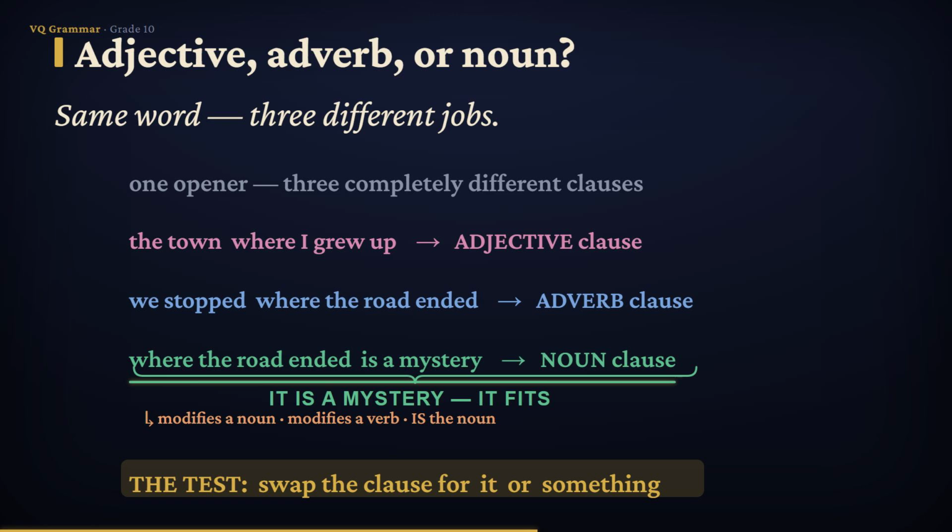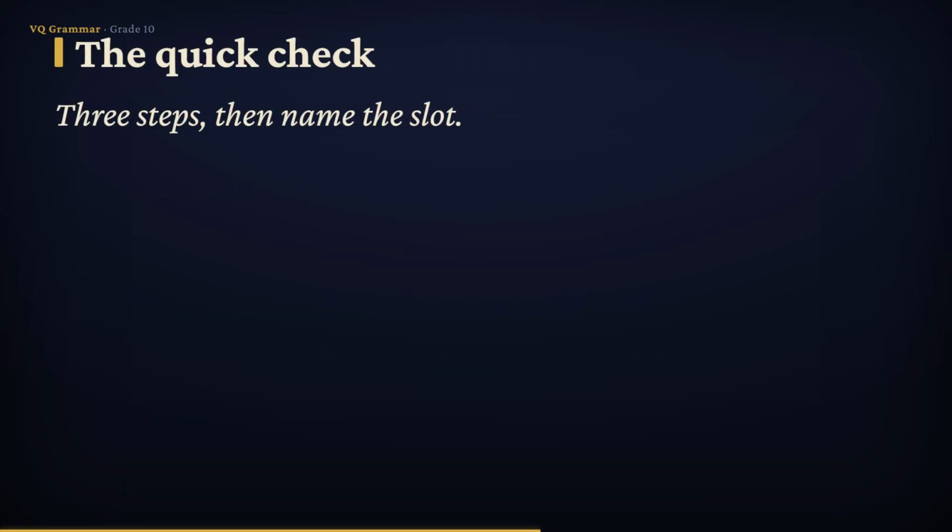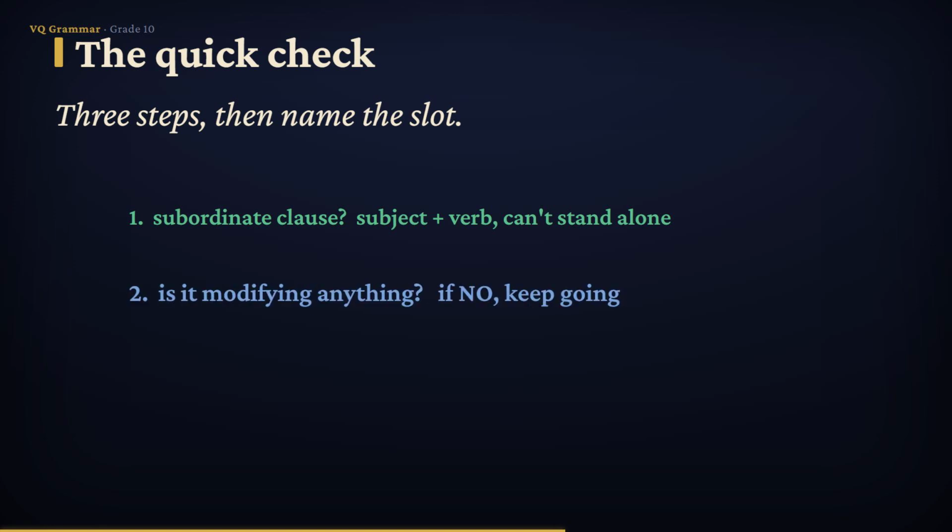Let's boil the whole lesson down into a check you can run on any clause. Step 1. Is it a subordinate clause? Does it carry its own subject and its own verb, and can it not stand alone as a sentence? Step 2. Is it modifying anything? Ask whether it is describing a noun or describing a verb. If the answer is no, it is not modifying a thing, then keep going.